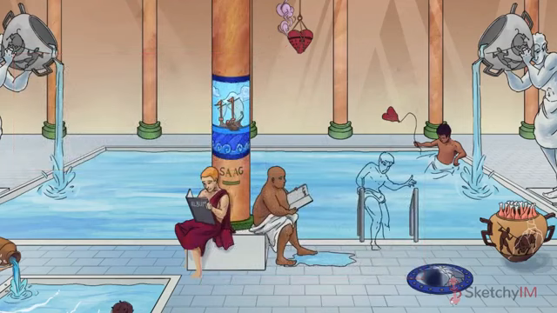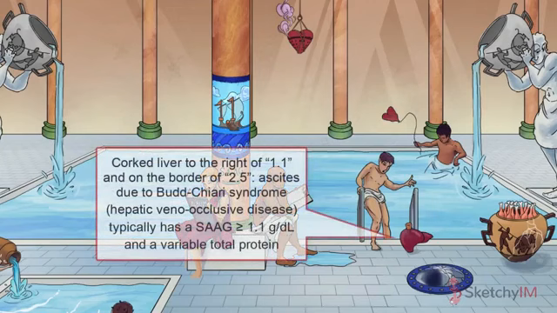Next, Budd-Chiari syndrome, which is caused by obstruction to venous outflow from the liver. This can occur due to a primary venous process, such as thrombosis or phlebitis, or a secondary process, such as malignant infiltration of the hepatic vein. Either way, we're cutting off venous outflow, which we convey by putting a cork on the liver.